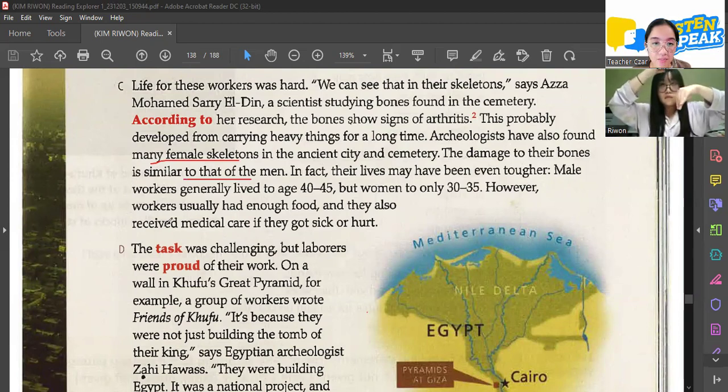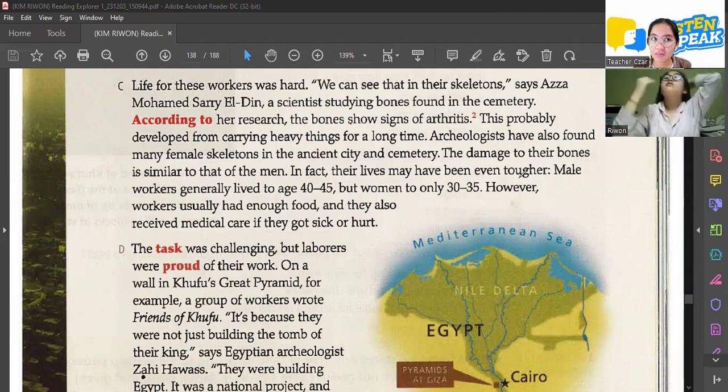In fact, their lives may have been even tougher, meaning the females also contributed to building the Pyramid of Giza, because their bones show arthritis, same as the males. But male workers generally lived to age 40 to 45, while women only 30 to 35, meaning the lifespan of men was longer than women's.